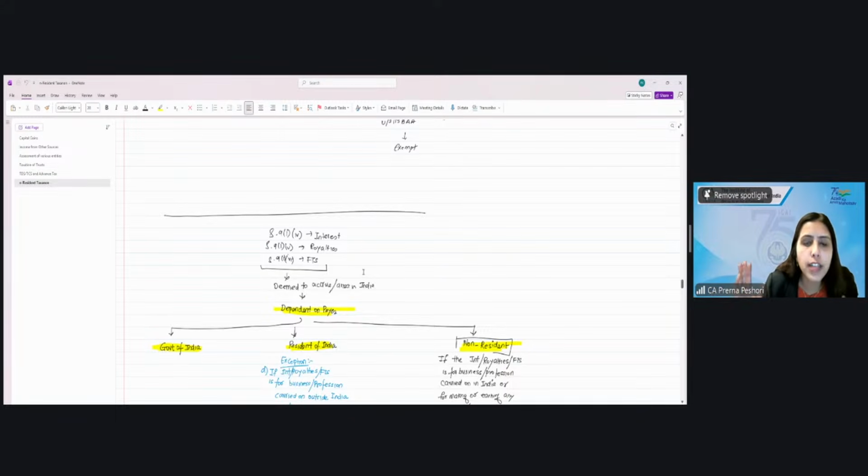Next is section 9(1)(v), (vi), (vii): interest, royalties and FTS. Now the source rule for that remains the same. What is it?